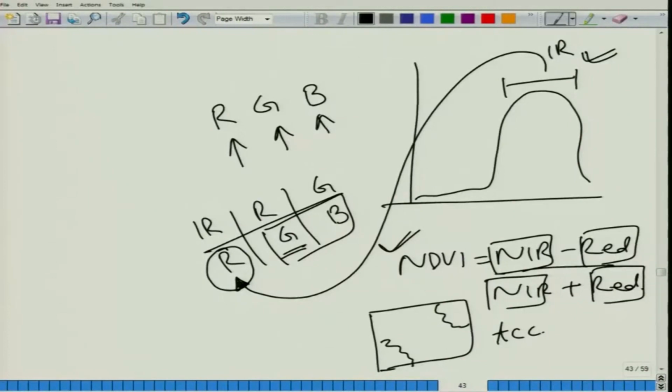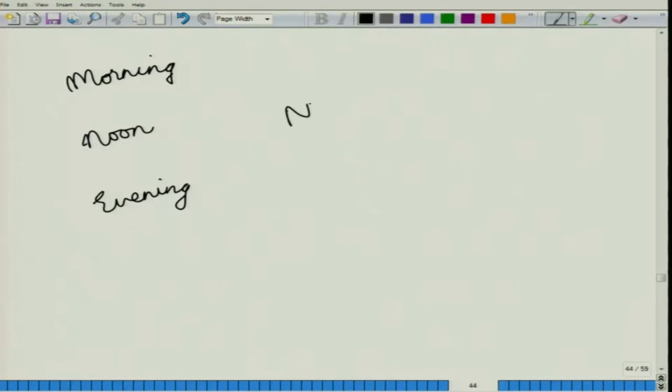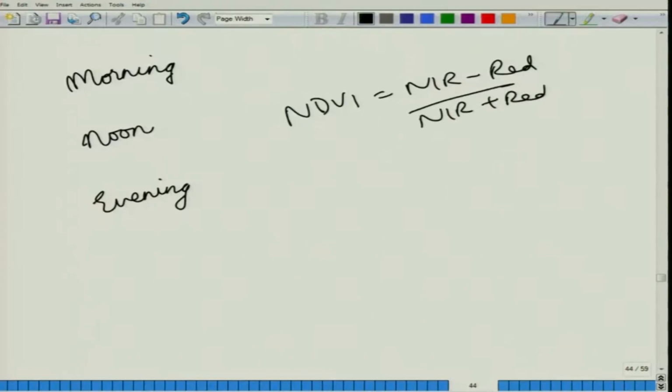So, for instance, you took one image in the morning, another at noon, and say another in the evening. Because we are using this ratio, NDVI is equal to NIR minus red upon NIR plus red, it does not matter whether you are taking the morning image or the noon image or the evening image, because the differences in illumination between these images would be covered by this ratio.